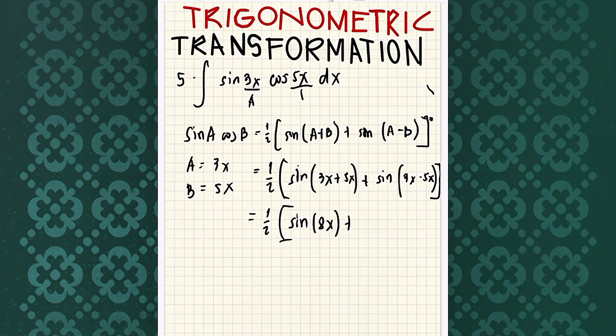So this is 3x minus 5x will give us an answer of negative, so this will be negative sine 2x. So now let's substitute this, this is our integral becomes. So let's remove this.